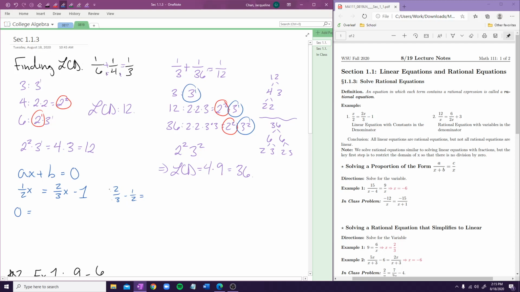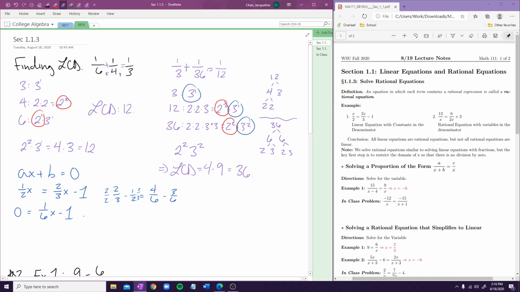So I'm going to multiply 2/3 by 2 over 2, and then 1/2 by 3 over 3. Right, so this is 4/6 minus 3/6. Therefore I get 1/6 x minus 1. As you can see, A is 1/6 and B is -1. So this is a linear equation.